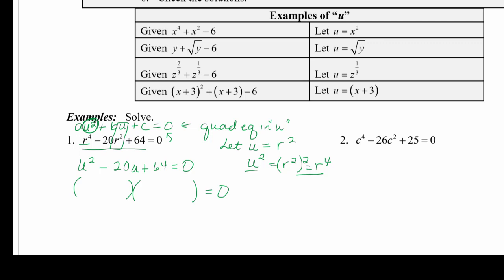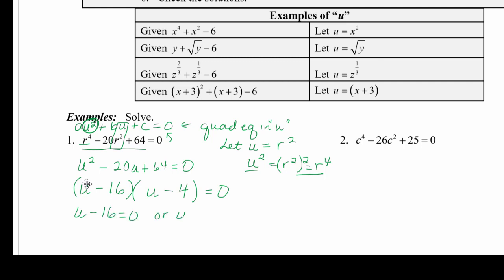So it turns out that this guy factors. Two numbers that multiply to 64 and add up to negative 20 give us u minus 16 and u minus 4. These add up to negative 20 and they multiply to 64. So now I'm going to solve for u.